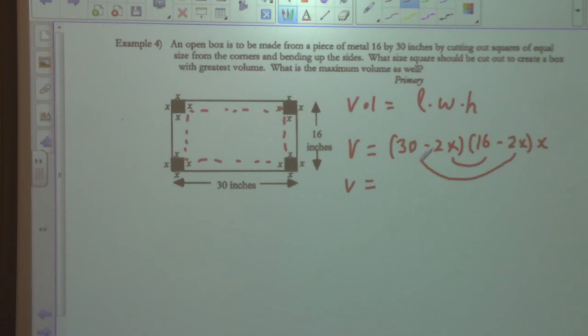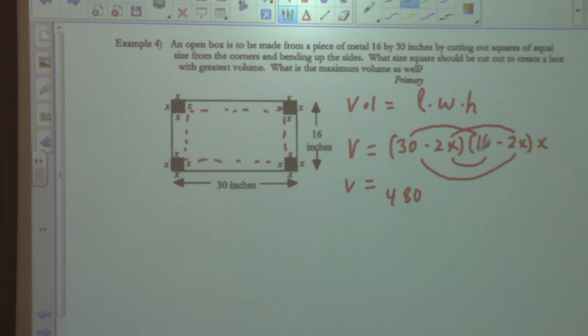And so what we have here is 30 times 16. We want to do it without a calculator, so 30 times 15 is going to be 480. Is that right? 3 times 16 is 48, so that's 480, right?